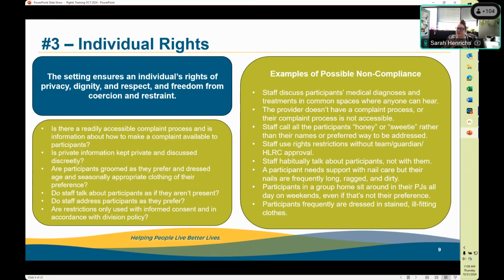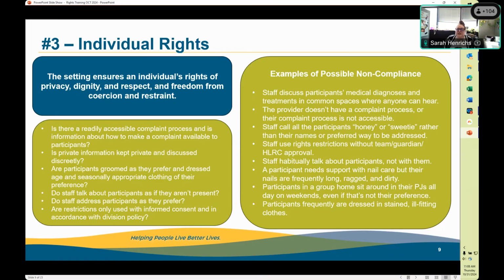She doesn't have a guardian, but she needs help getting around. And so when she goes to the doctor, she has somebody go with her to help her. And her doctors will talk to the person who just drove her there and not to her about her own health care. Those are the types of things that we're talking about here. Now, we can't control medical providers, but this would be applicable to what's happening in our HCBS services with our service providers in those provider controlled settings that we wouldn't want to see.